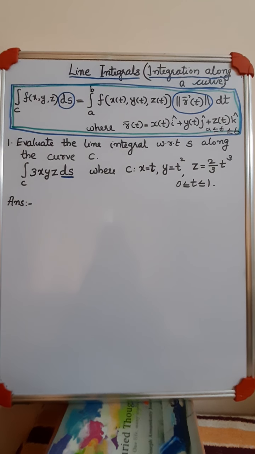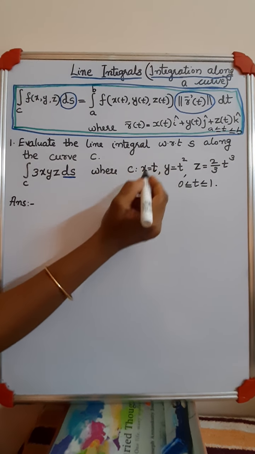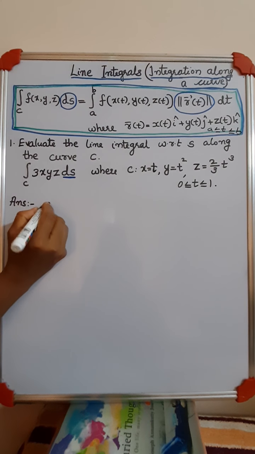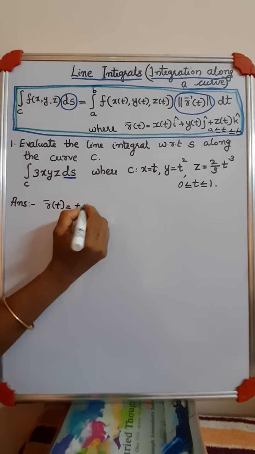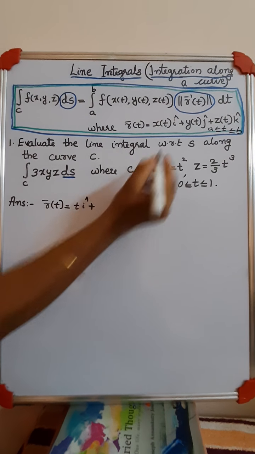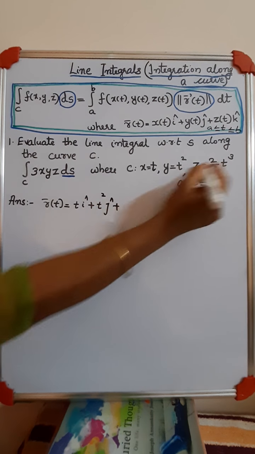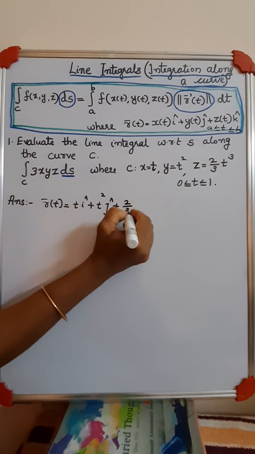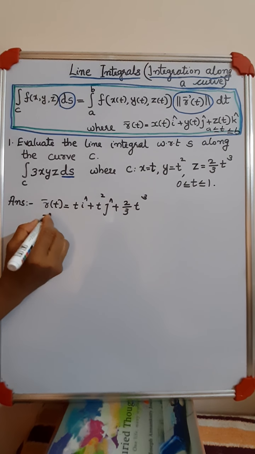So first we can evaluate what is ds. Before that, what is r of t from this result? We can write r of t is equal to x of t i, that is t i, plus y of t j, y is t square j, plus z of t k, that is 2 by 3 t cube k. Now we have to evaluate r dash of t.